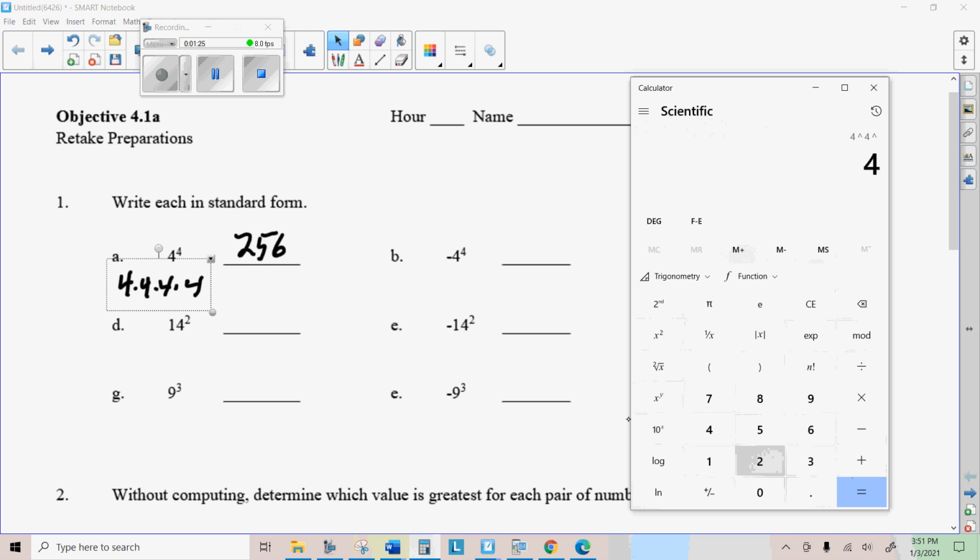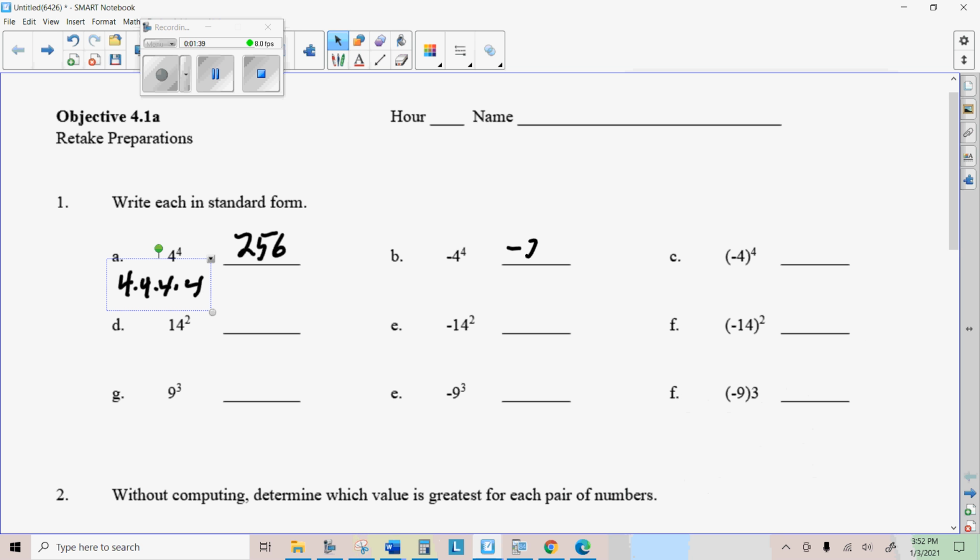And then once you have that answer, you just make that a negative. So with the negative out front, basically it just is telling you that that's a negative number.